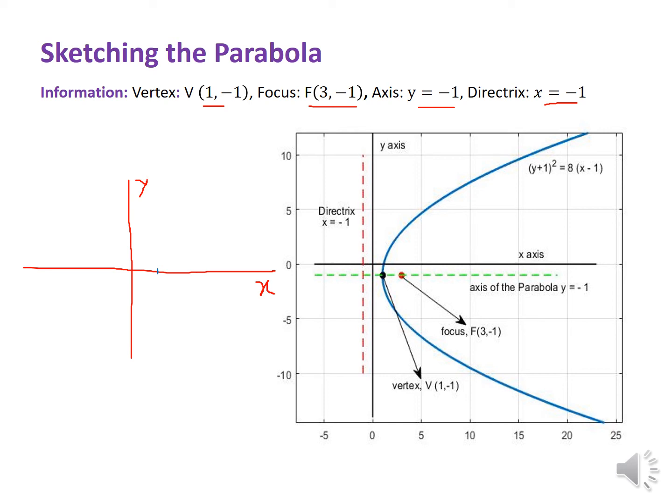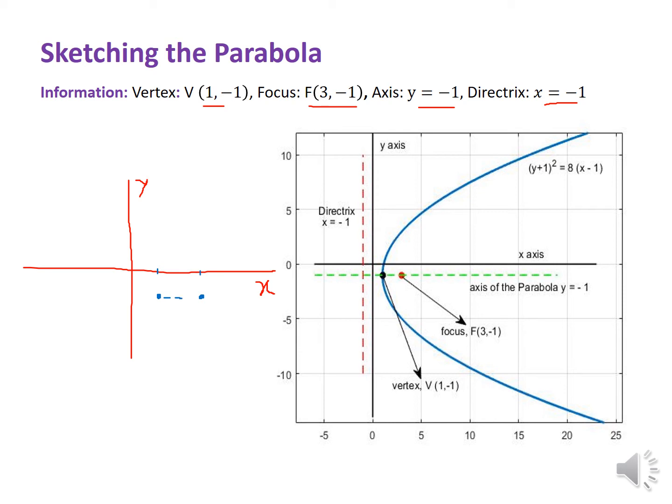Now look here, the vertex is 1, negative 1, so say this is our 1 and this will be negative 1. This is the position of the vertex, and the focus is what? 3, negative 1. So say this is our 3 and this is the position of negative 1. This is our focus, and we know that the vertex and focus are on the same line, and this line will be the axis of the parabola.